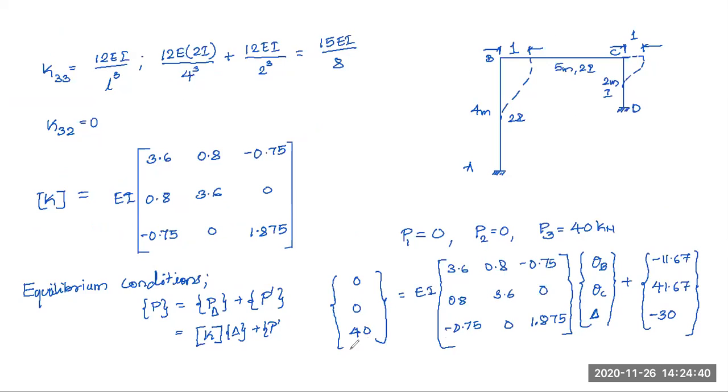So can you rearrange this and get what is theta B, theta C and delta?